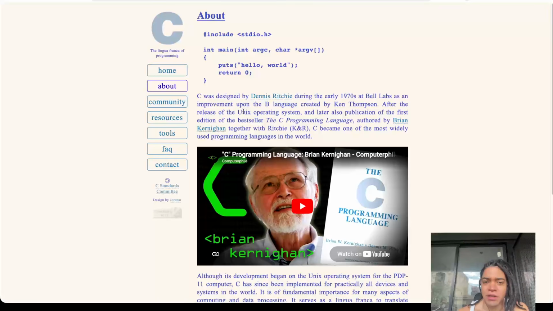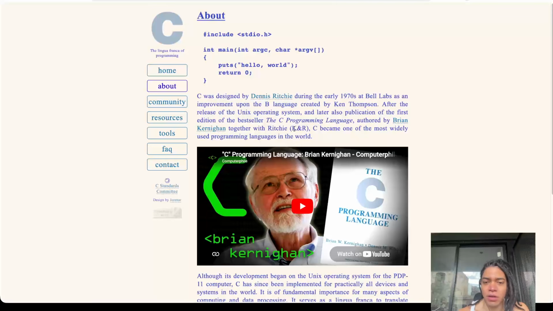And after the release of the Unix operating system, this basic program that is going to run to manage your hardware resources, and later also the publication of the first edition of the bestseller, The C Programming Language, authored by Brian Kernighan, together with Ritchie.